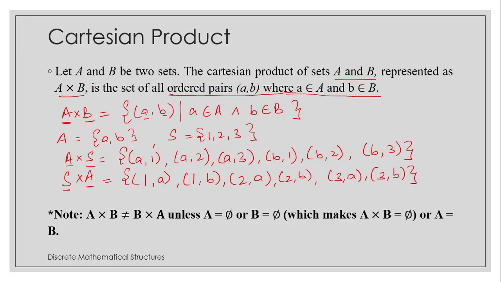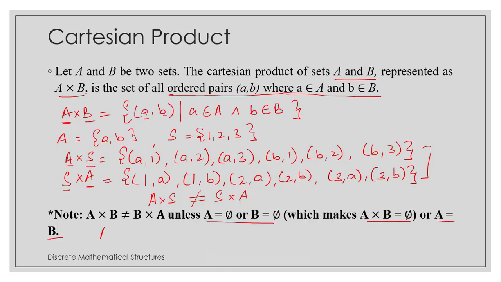So this is S cross A. Again you can see from here that A cross S is not equal to S cross A. Now this will be true only in the case when one of the sets is phi, which will make A cross B also phi. And second is when both the sets are equal. Only in that case A cross B will be equal to B cross A.